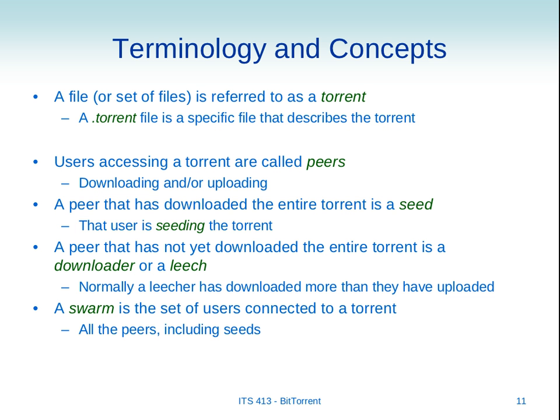A file that someone wants to make available for others to download is referred to as a torrent. And in fact, it may not be just a single file. A torrent may contain an archive of multiple files, a collection of more than one file.